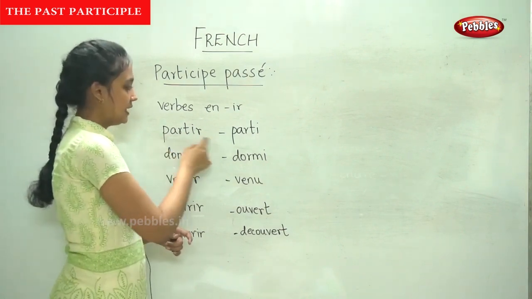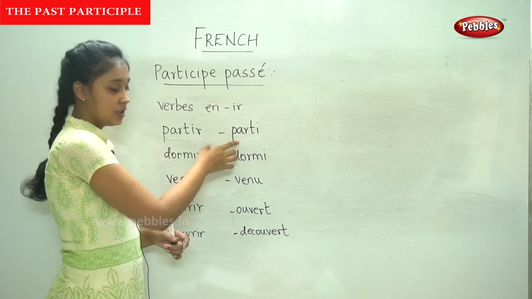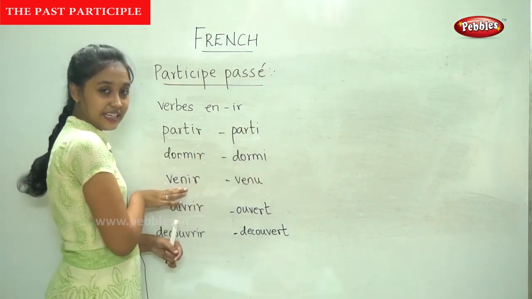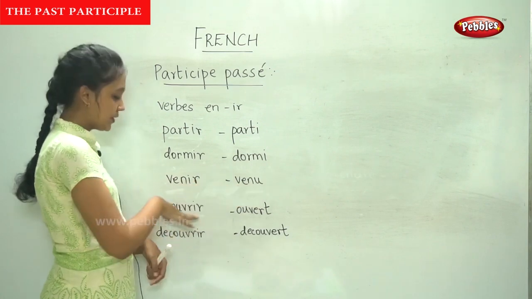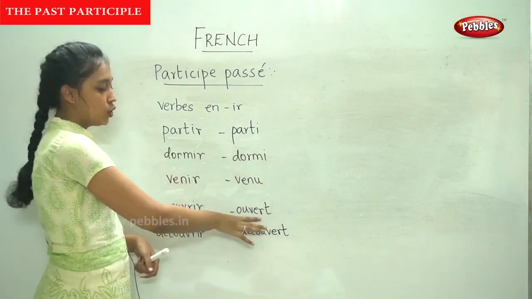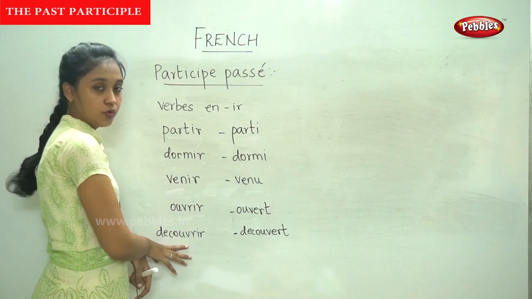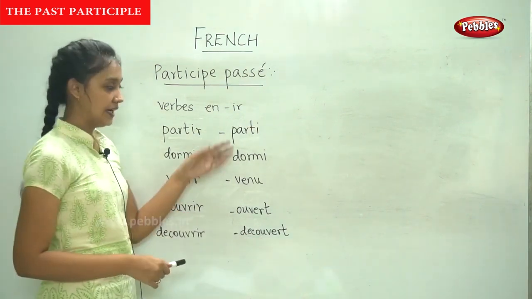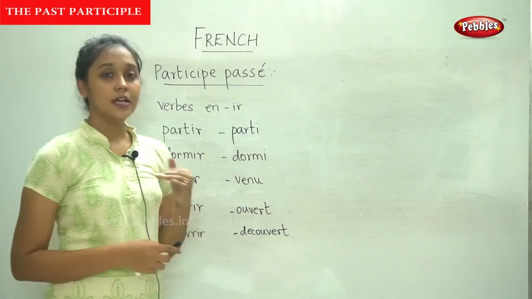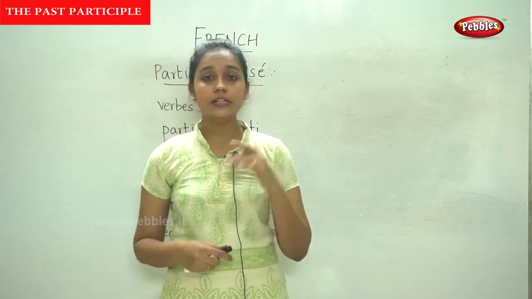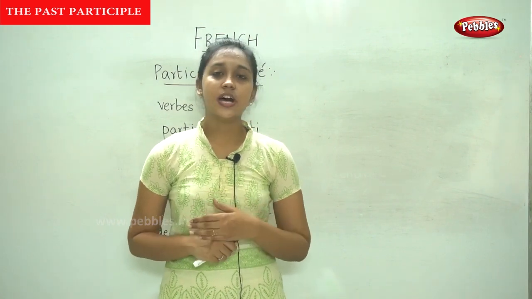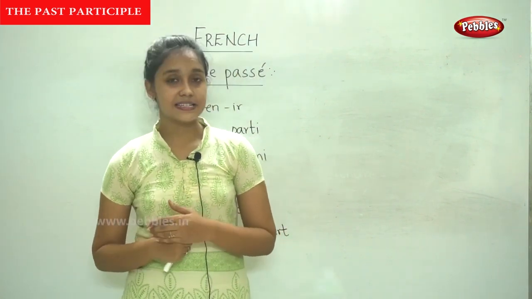For partir, it is parti. Dormir, dormi. Venir, venu. Ouvrir, ouvert. Découvrir, découvert. So this is how we write the past participle. Now that we know how to write the past participle for most of the verbs, we can try solving some exercises.